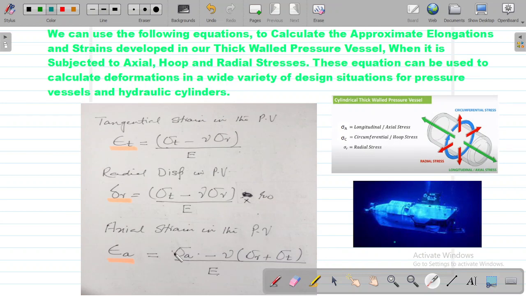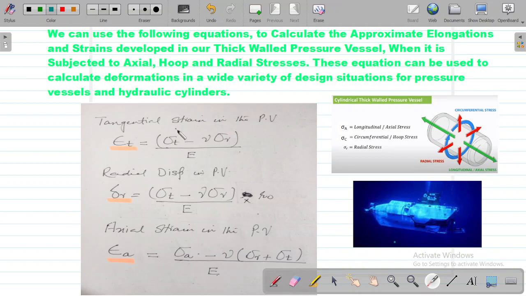If we are interested in calculating the axial strains developed in the pressure vessel, we will be using epsilon A equals the axial stress, which is the longitudinal stress, minus the Poisson's ratio into the radial stress plus the tangential stress, and then the whole expression is divided by the modulus of elasticity.